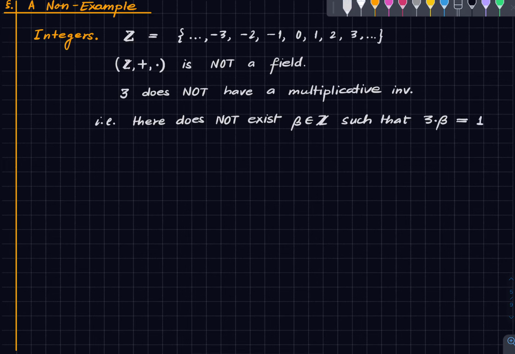The usual, the unit. And clearly there is no such integer beta, right? Because the only beta that can satisfy this is the rational number 1 by 3, and that is not an integer. So integers, meaning this triple, this is not a field.